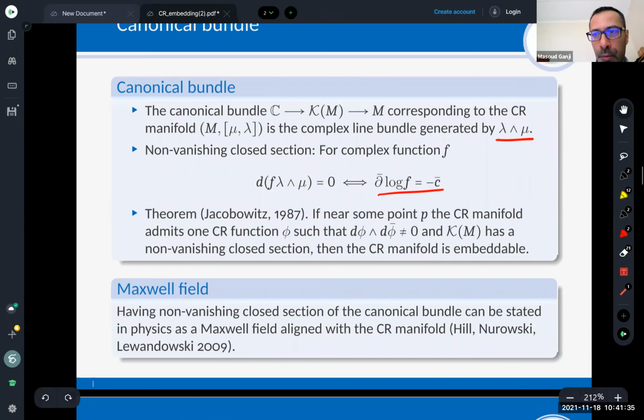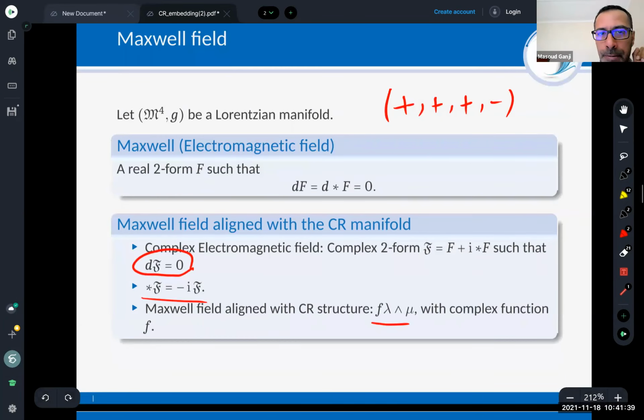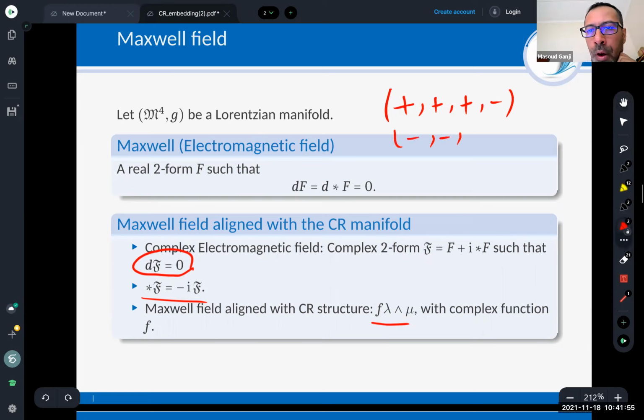That's right. It's the next slide. Yes, next slide, I introduced the metric. Of course, we need a metric to talk about the Hodge dual. Is that metric just 1, 1, 1, minus 1, or is it any metric with that signature? No, it could be this one, or of course we usually work with this.